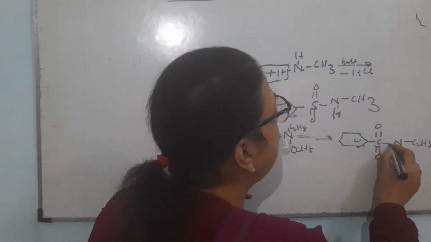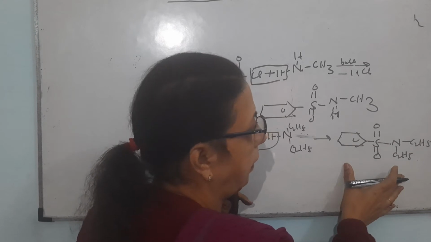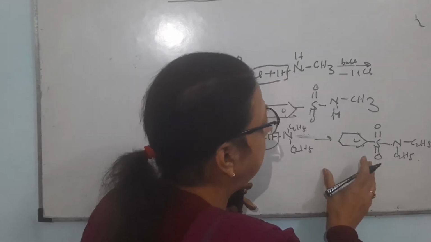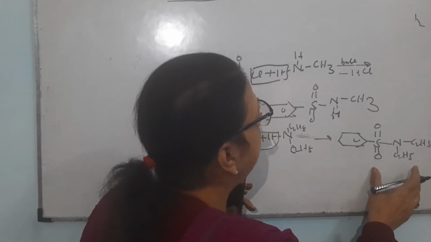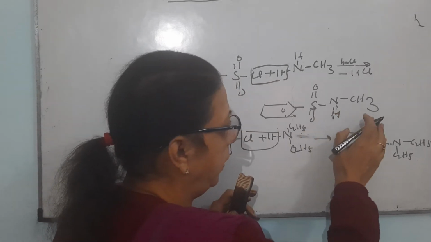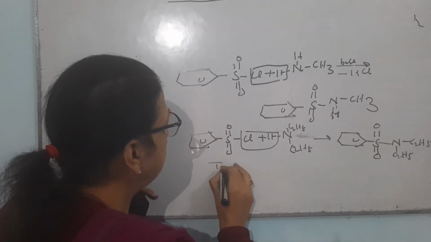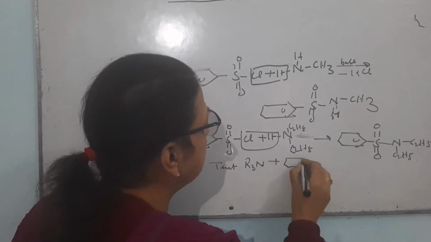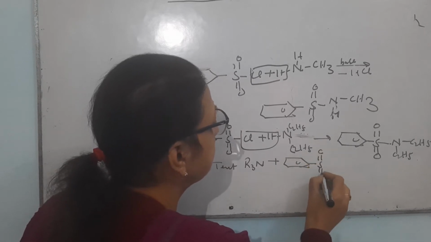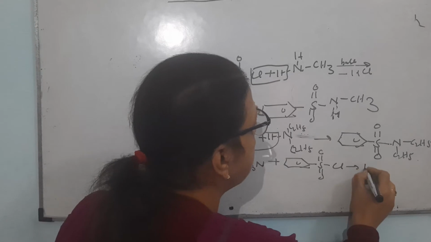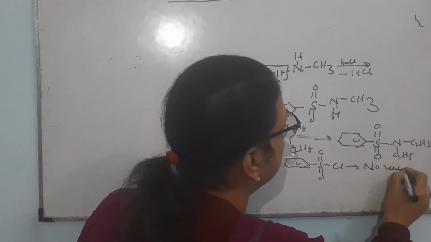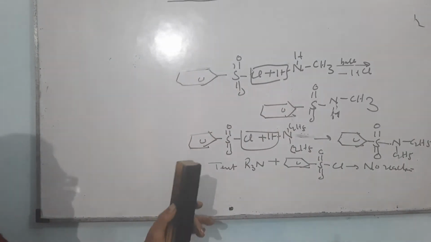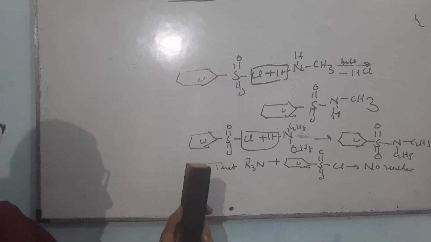So that is why this compound will be insoluble in alkali. This compound will not form any compound with alkali. This will be insoluble in alkali, whereas the previous one will be soluble in alkali. And the tertiary amines, that is R3N, will not react with benzene sulfonyl chloride.